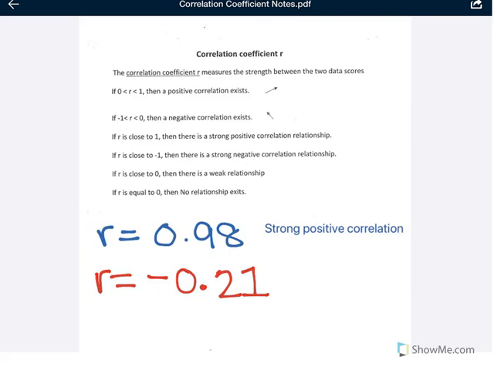So this one will be a negative, weak correlation. We were also told that if R is equal to 0, then no relationship exists. So another way that you could write that is that there is no correlation.